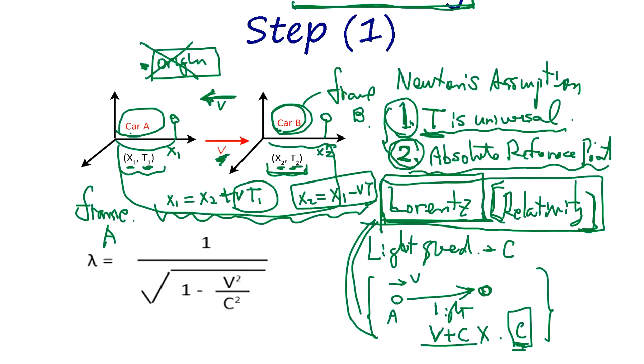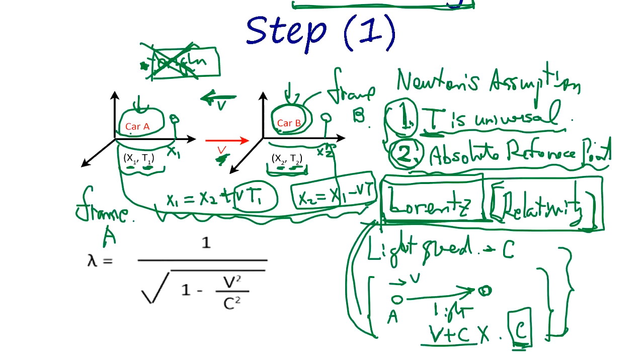A thinks B is moving, but B thinks A is moving. It's not like Newton saying, I know who is moving, you are not moving, and this guy is moving because I have an absolute reference point. No, without an absolute reference point, he wanted to do the coordinate transformation and also take care of this: there is a maximum speed. Okay, so these are the requirements for the Lorentz transformation.